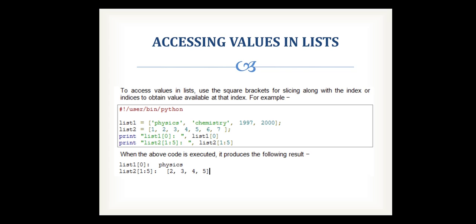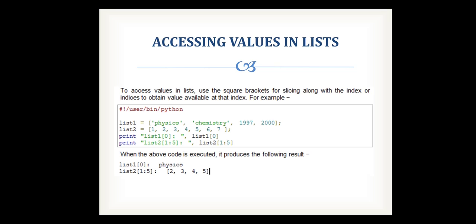To access the values in a list, use the square brackets for slicing along with the index or indices to obtain the value available at that index. For example, we are going to see the same example, list 1, which contains physics, chemistry, 1997 and 2000, right? List 2 contains 1, 2, 3, 4, 5, 6, 7.